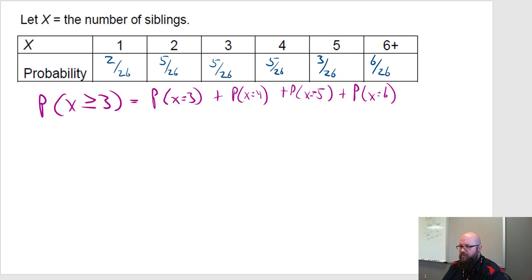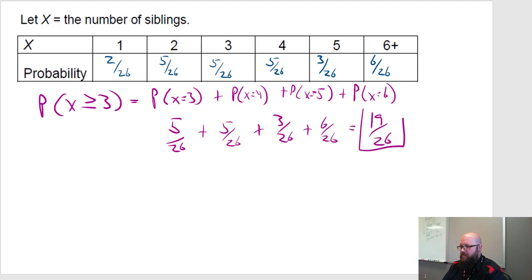Our probability values for those are listed up above, and we should add them up. So 5 over 26 plus 5 over 26 plus 3 over 26 plus 6 over 26. You should get 19 over 26. And that is the probability of X greater than or equal to 3.